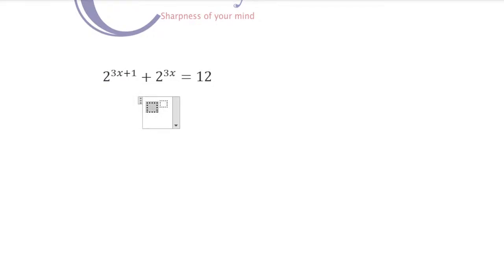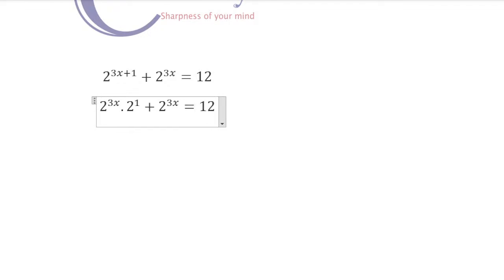So we have 2 to the power 3x times 2 to the power 1, plus 2 to the power 3x is equal to 12.